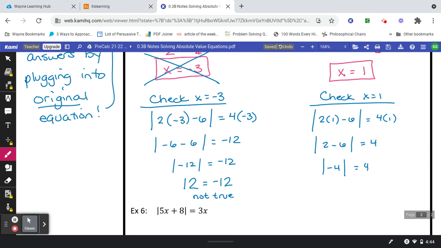The absolute value of negative 4, absolute value is always turned to positive, so 4 equals 4. That is true, which means our solution is x equals 1.